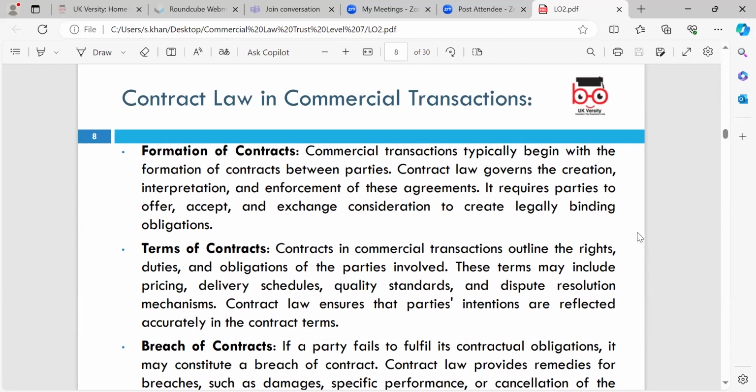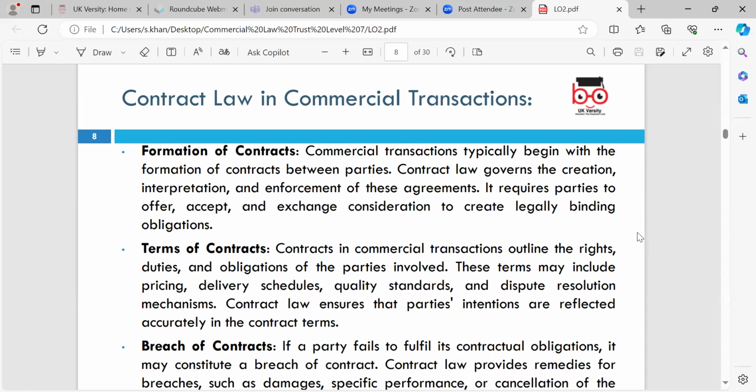Contract law governs the creation, interpretation, and enforcement of these agreements. It requires parties to offer, accept, and exchange consideration to create legally binding agreements. An offer is where one party sets out the terms on which the parties will contract, and that offer is subsequently accepted by the other party.